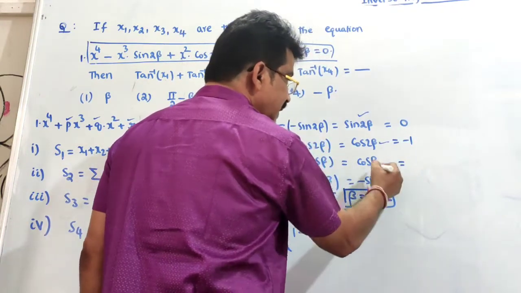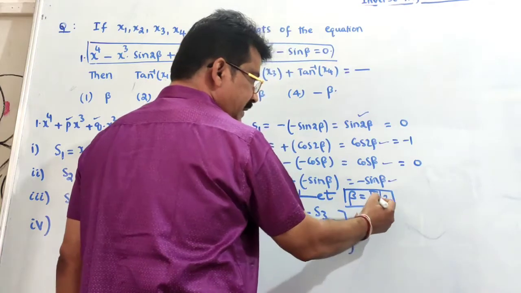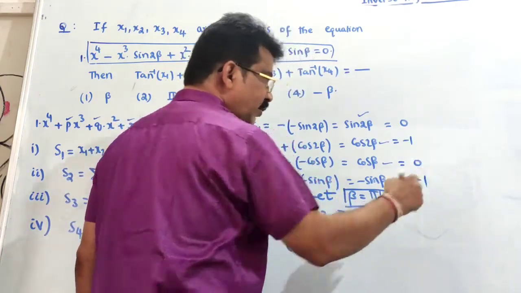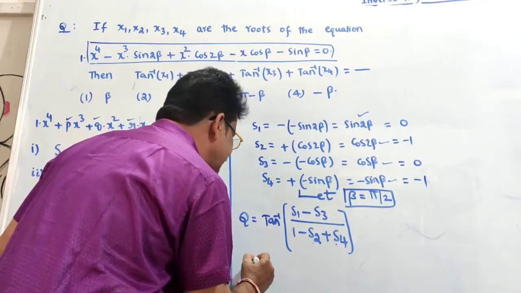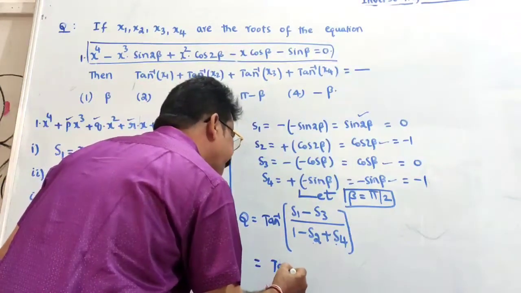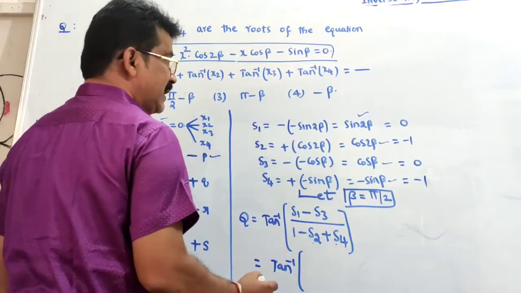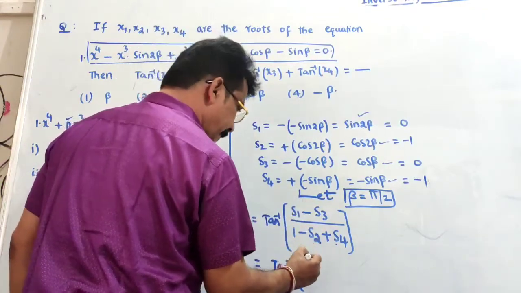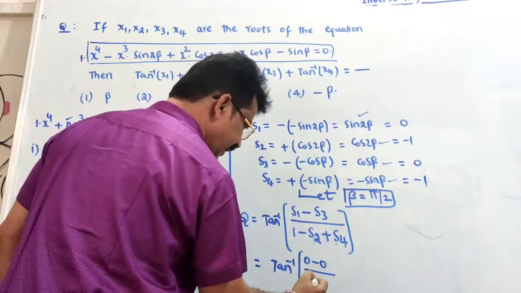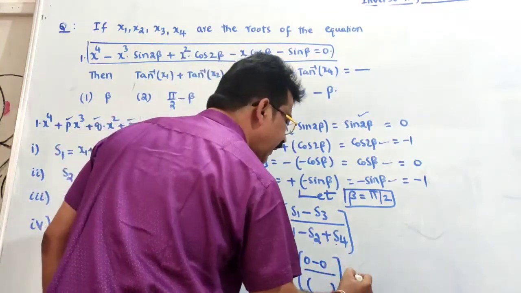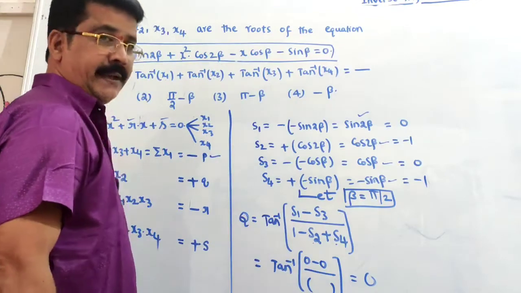Next, cos 90 is 0. Next, sin 90 is 1, so minus 1. It is enough to simplify these values. So that is tan inverse of (s1 value 0 minus s3 value 0). Then we need not calculate the denominator, the result is 0.